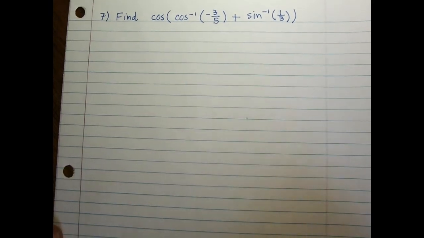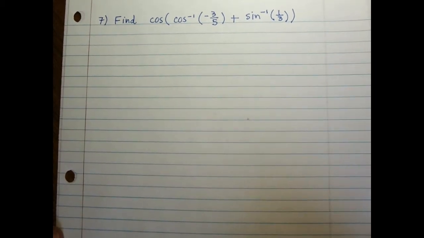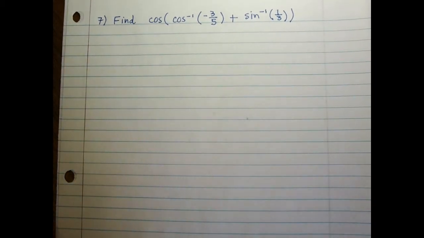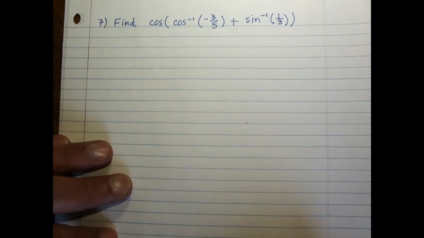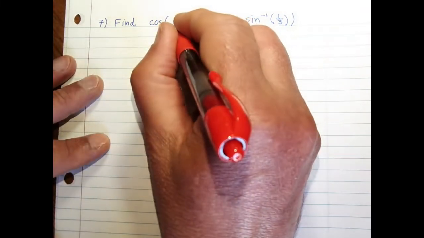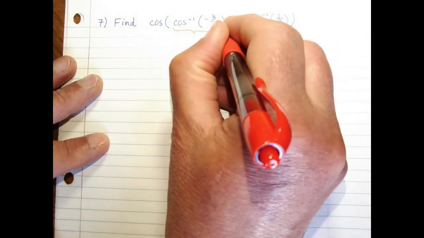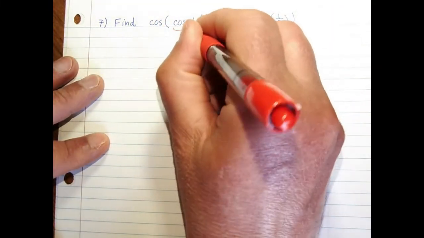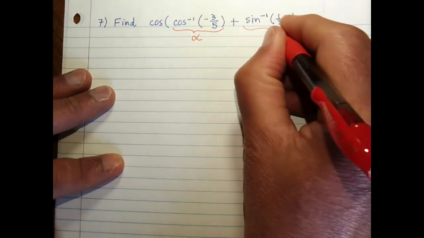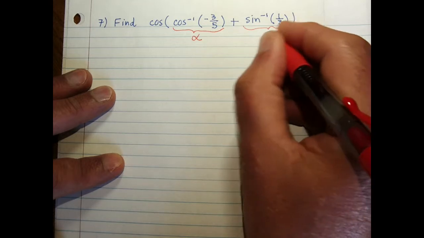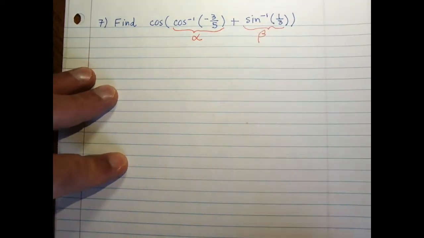So here, oh boy, not only do we have one of these cosine of the sum identities to deal with, but we also have inverse trig functions being invoked here. Now, the key to seeing through this mess is to realize that we can think of that cosine inverse as one angle, like alpha, and the sine inverse as another angle, beta.